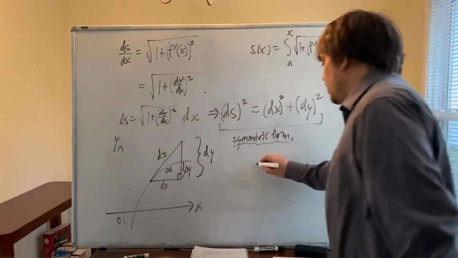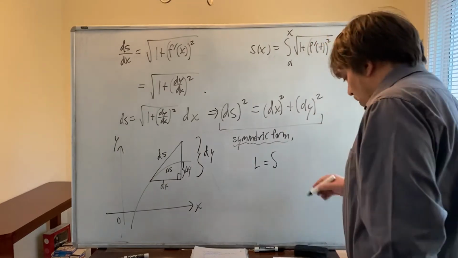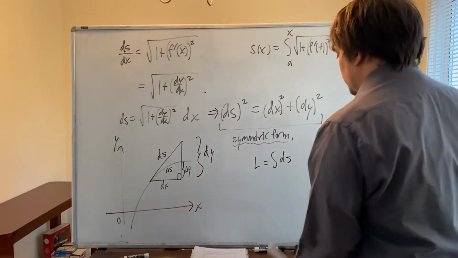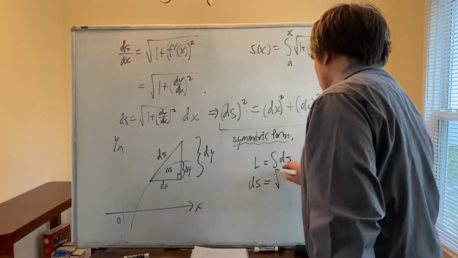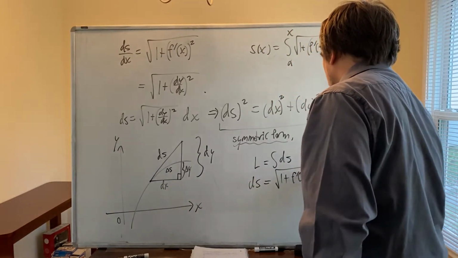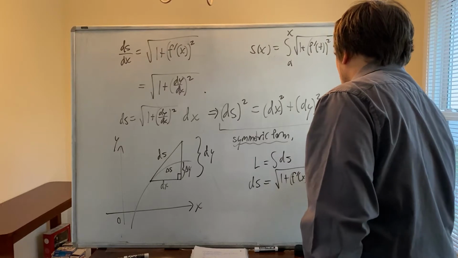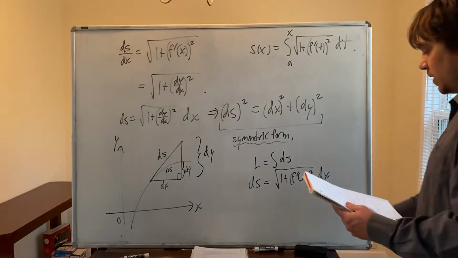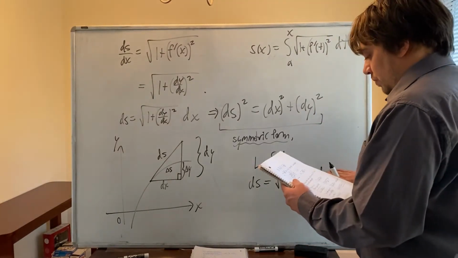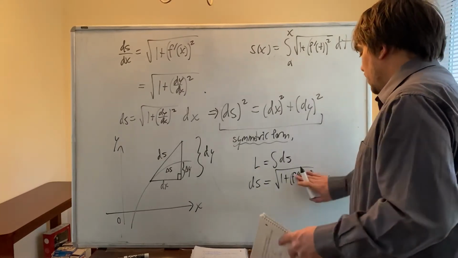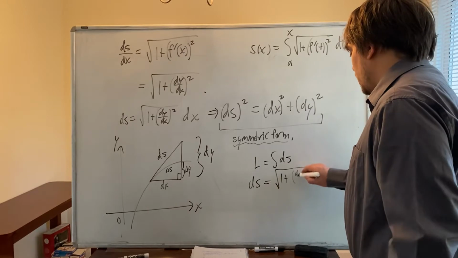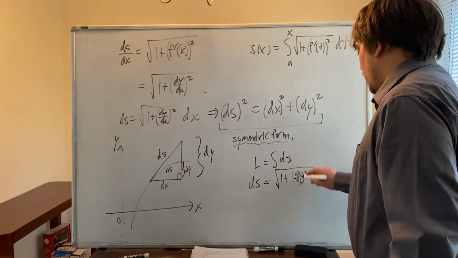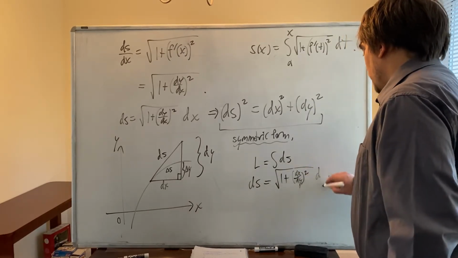Okay. L is equal to the integral of ds. Okay, and ds is equal to the square root of 1 plus f prime of x squared dx. It does, but we can also write it this way. It's equal to the square root of 1 plus (dx/dy) squared dy.